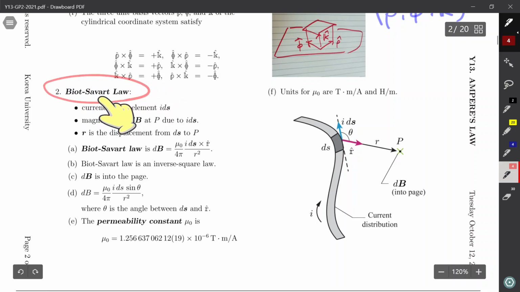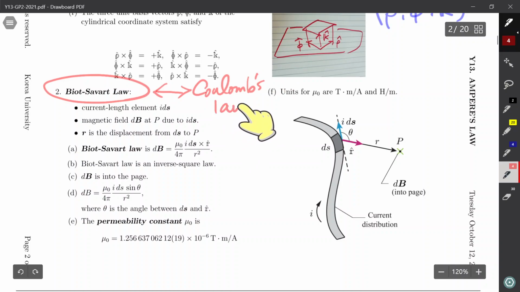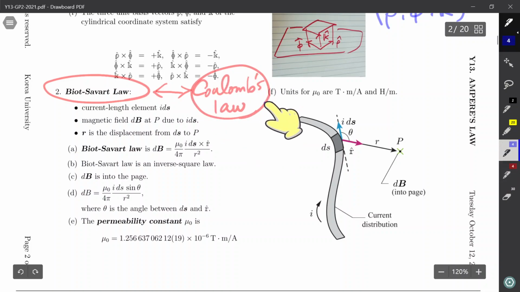Biot-Savart law. It is parallel to Coulomb's law. This is for the E field, this is for the B field. Once you understand this, then you next use Gauss' law.